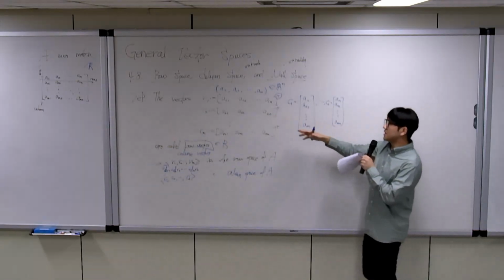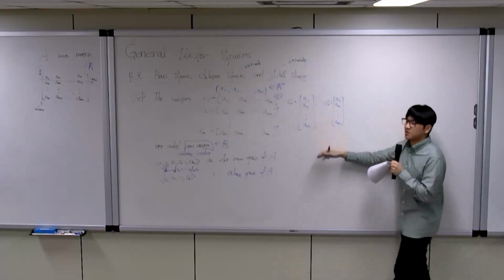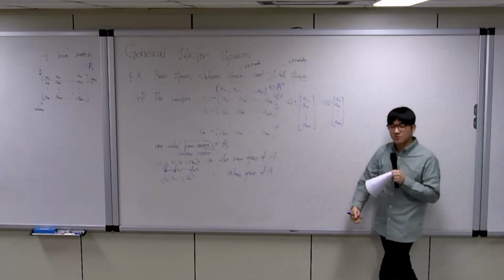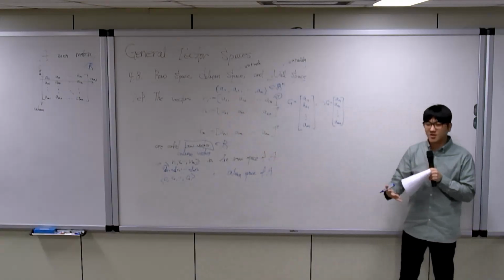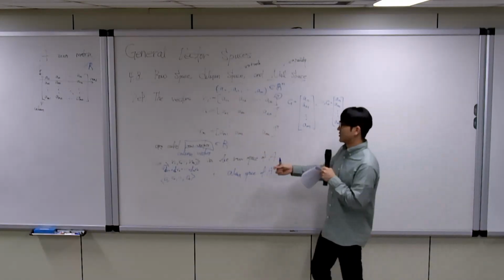So the row vector or column vector is one expression of a vector. You do not know what the real vector is.